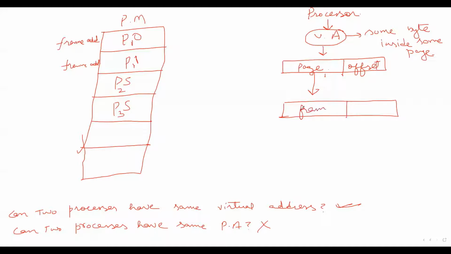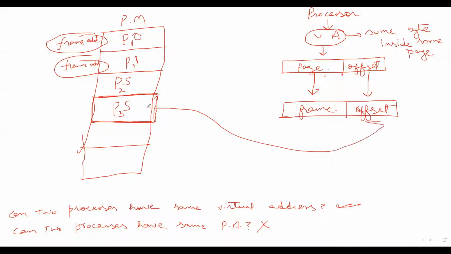Frame means in which frame this page is located, whether it is frame 0, frame 1, frame 2, or some other frame. Then after finding the frame, let's say this page is mapped here, we will use the offset bits to determine the byte inside this page.